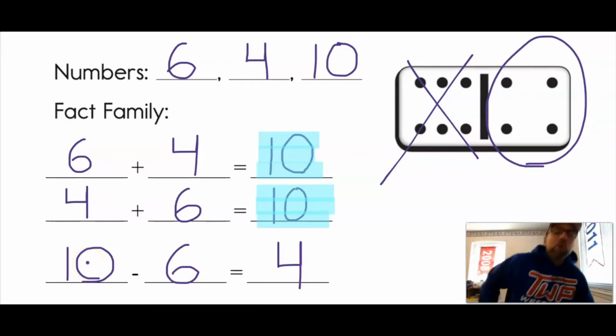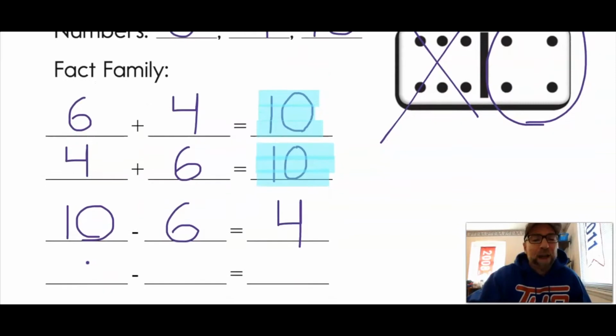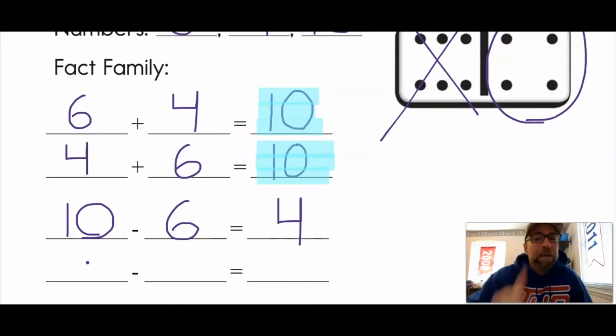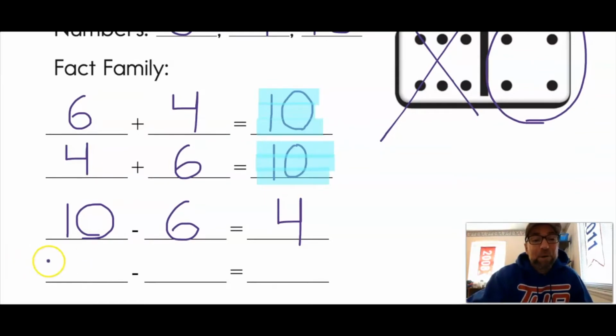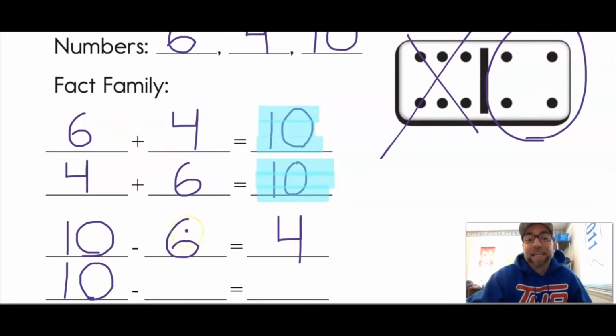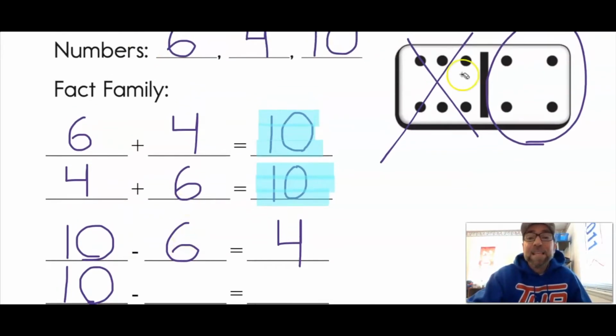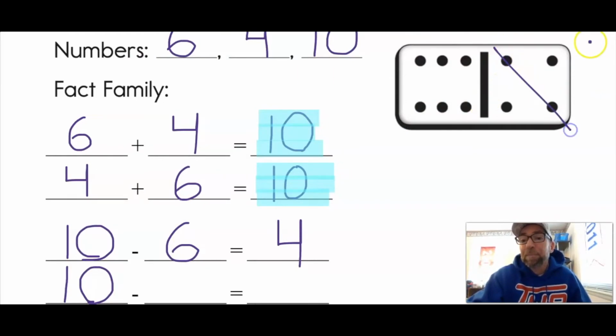Now, a lot of you will also tell me there's a turnaround fact in subtraction. There really isn't a turnaround fact in subtraction like there is in addition, but this is as close as we get. I'm going to start with my total again, 10, and instead of subtracting 6, this time I'm going to subtract 4.